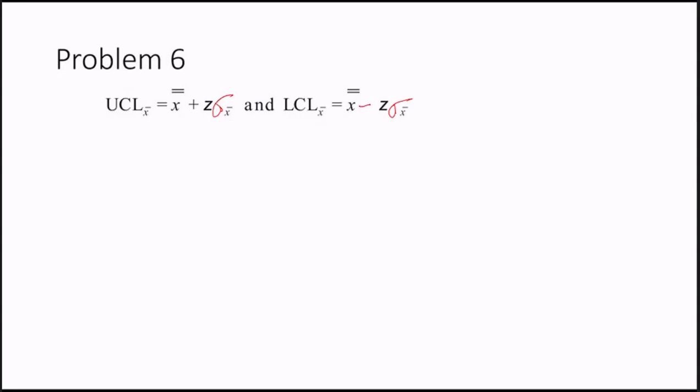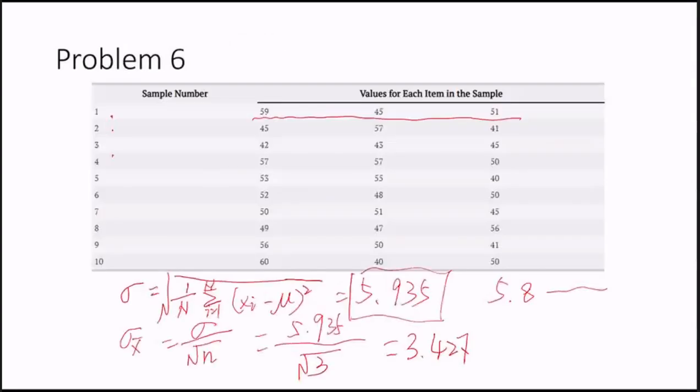We already know the standard error is 3.427, and we need to calculate the average of the sample average. The average of sample average asks us to calculate the overall average for all the items we pick.